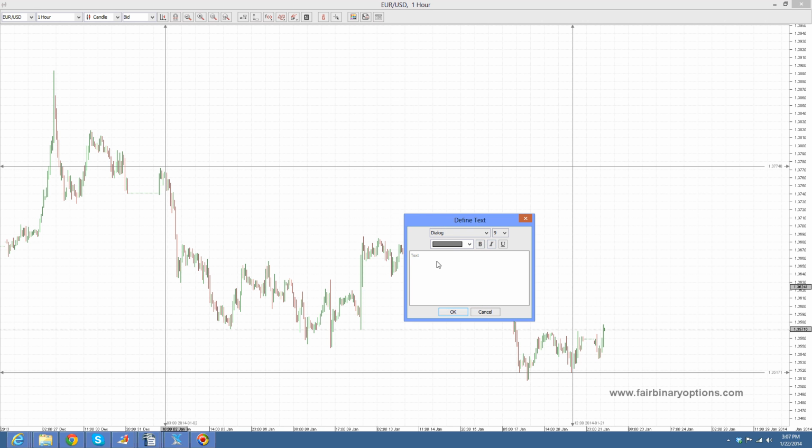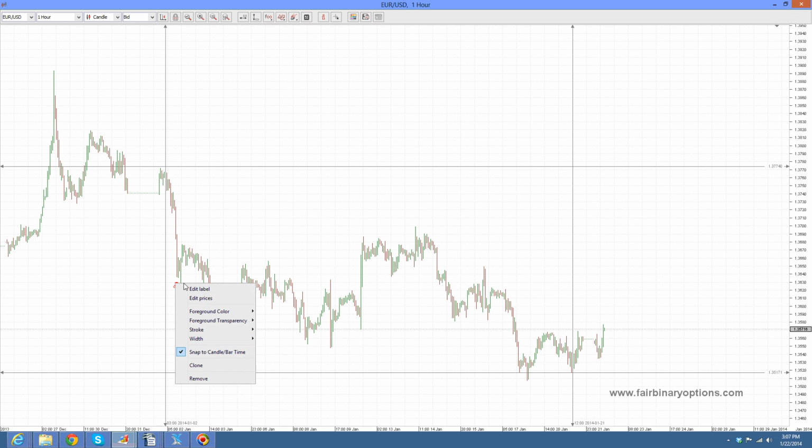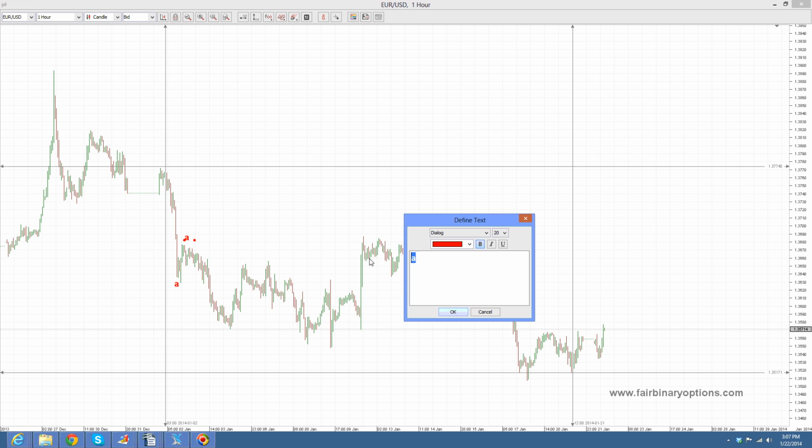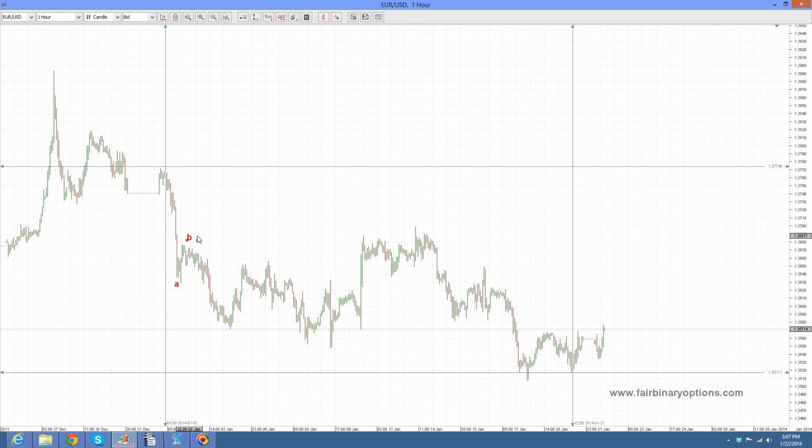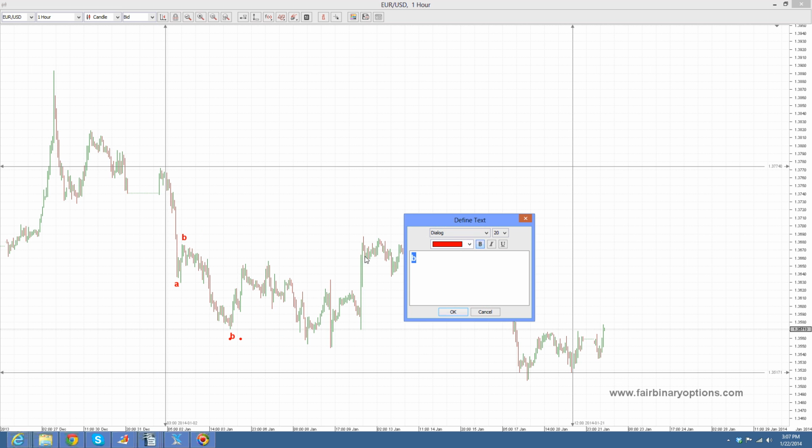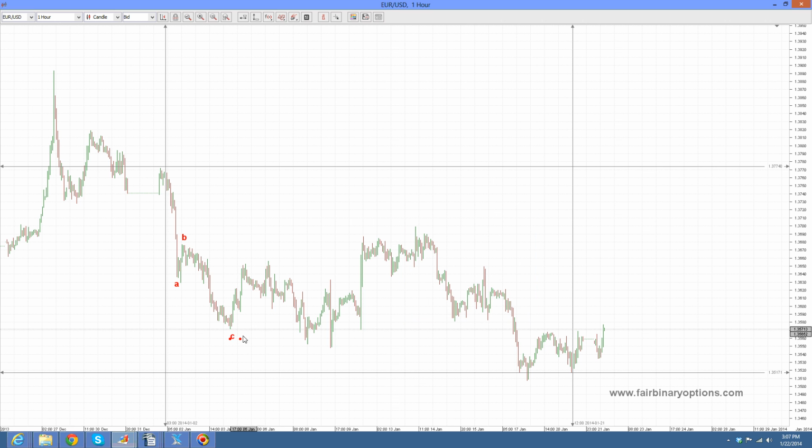This to be wave A, like this, followed by a B wave here, and then A, B, and C here. This would be the first correction, so that would actually be the first corrective wave A, B, C.